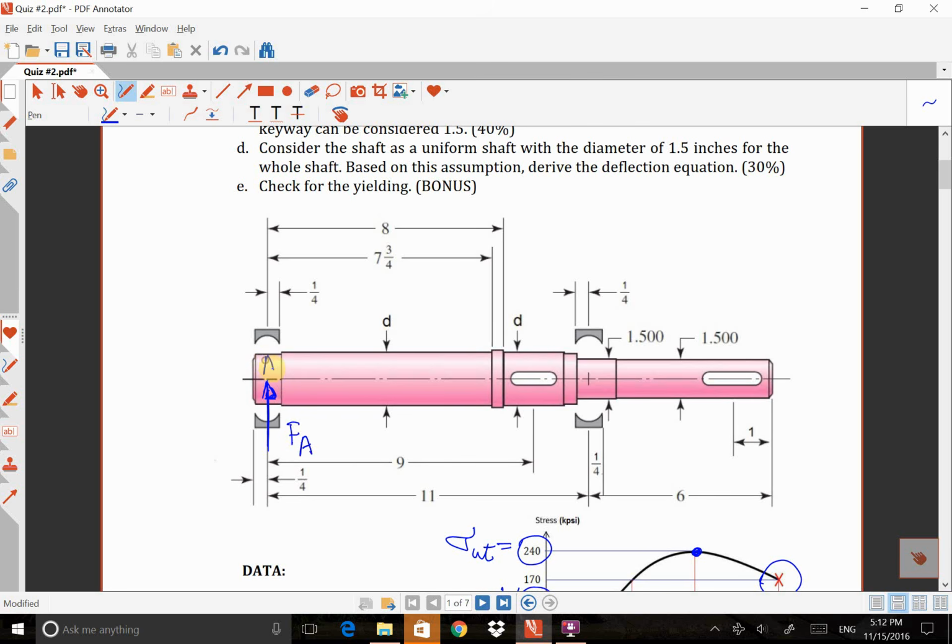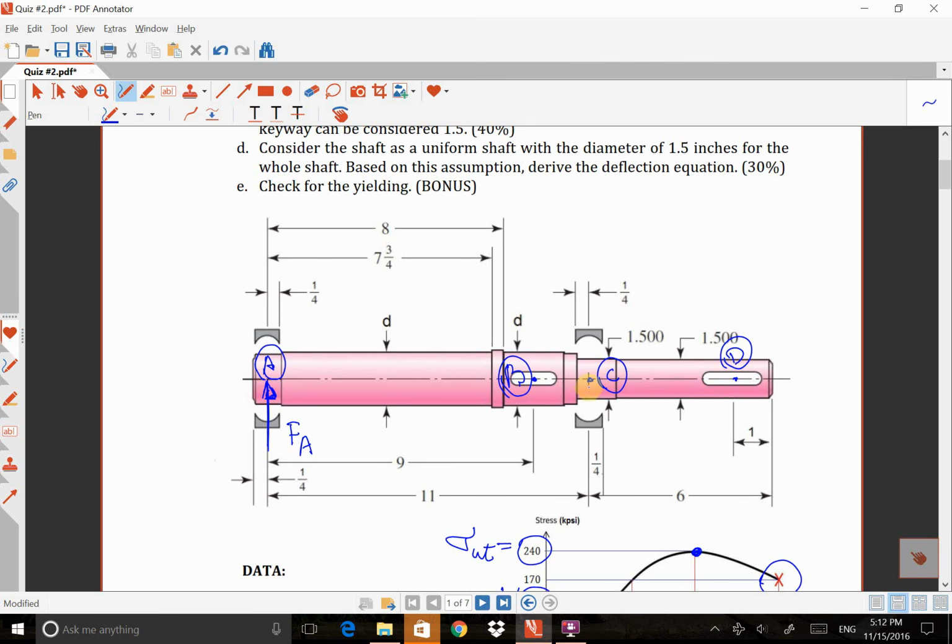I'm going to call this point point A, this one point B, this point C, and point D. I'm not exactly sure if we need point D, but anyways.